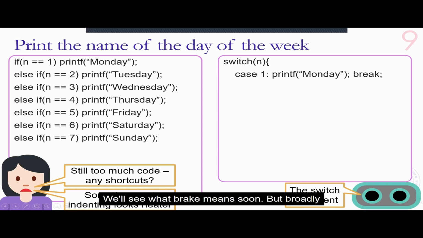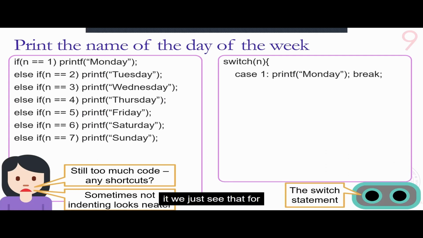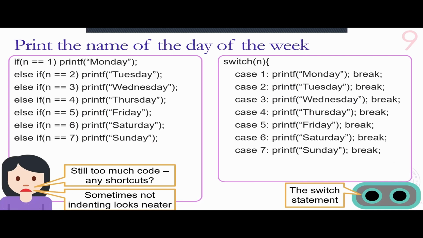We'll see what break means soon, but broadly, we just see that for all of these cases, we do what we were doing in the if else case. We just have an extra statement called break at the end of it.